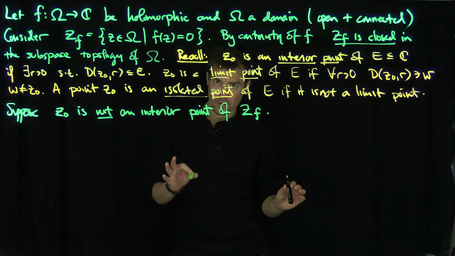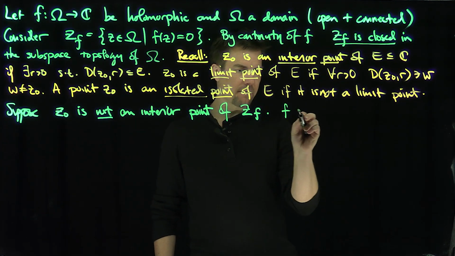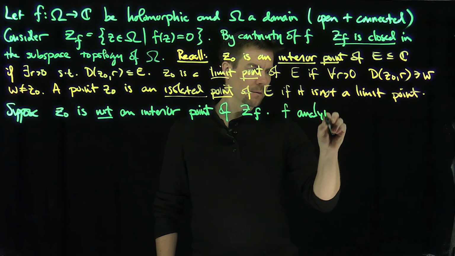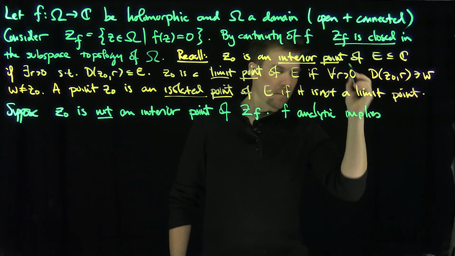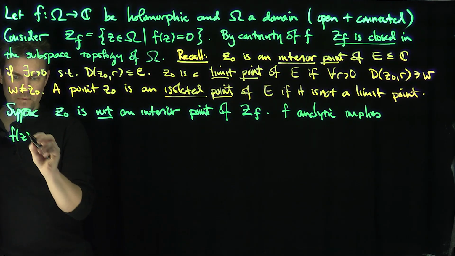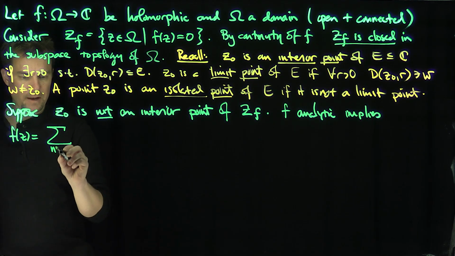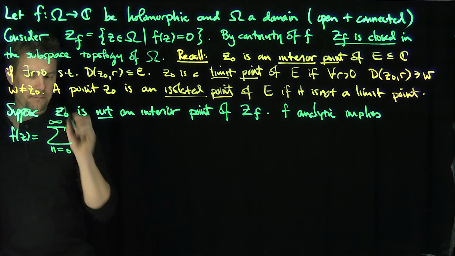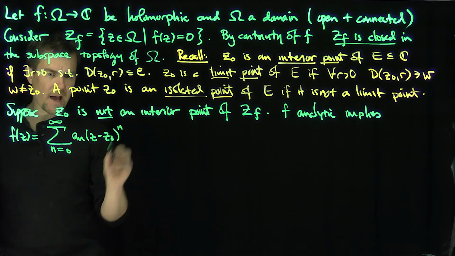What does that mean? Well, we know f is analytic. f analytic implies that f(z) is equal to the sum, n goes from 0 to infinity, of a_n times (z minus z0)^n.